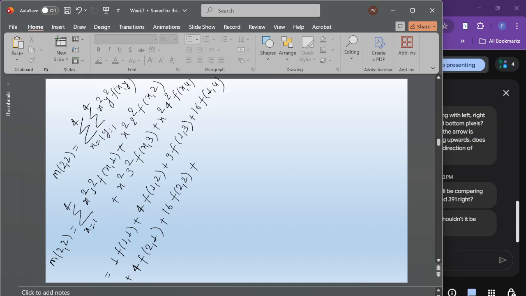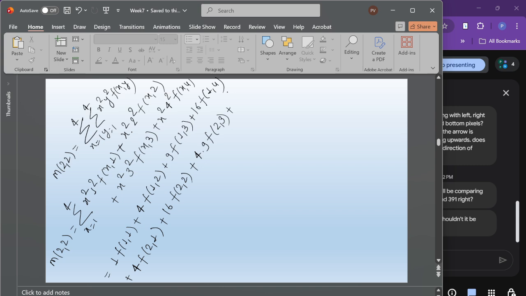plus here 2 again, 4 into 9. I'm just writing 4 into 9, we will calculate it later. 4 into 9 f23, right?